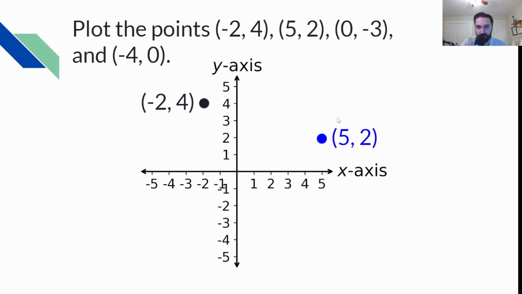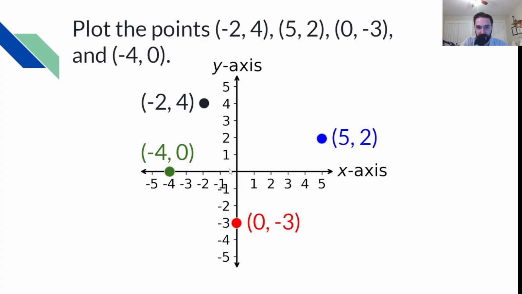Our second point in blue is in quadrant 1. We move 5 units to the right and 2 units up to get 5, 2. Our third point is down here on the y-axis. We move 0 units to the right or left, and we go down by 3 units to get 0, -3.